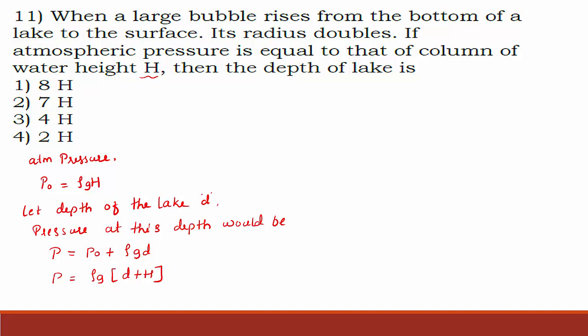Here the surrounding temperature is constant. We assume that the process takes place isothermally, because we know that in an isothermal process temperature is constant. This is an isothermal process, so I can use Boyle's law.